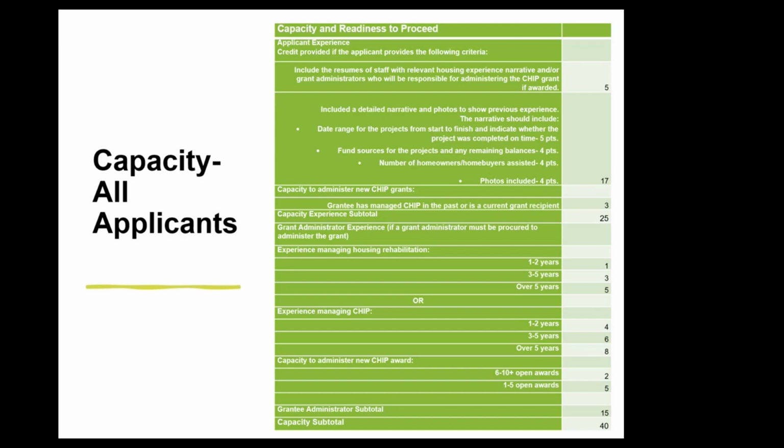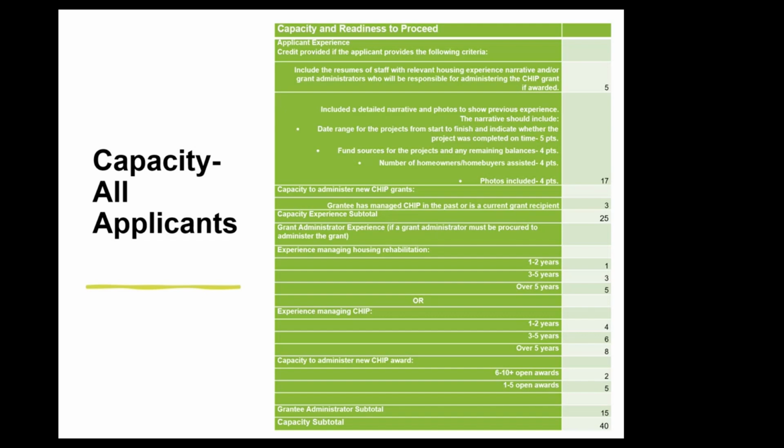Well, when we added this category, we were looking at how some of our grant administrators have quite a few awards and some have less. So we wanted to focus on those grant administrators that were not overwhelmed and didn't have too many awards on their plates.